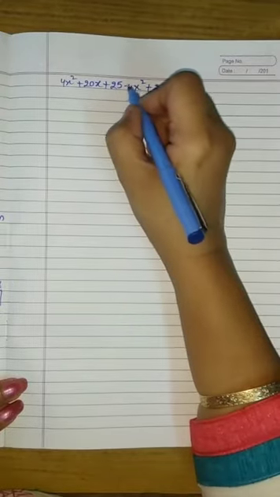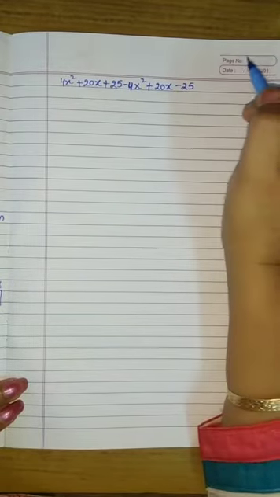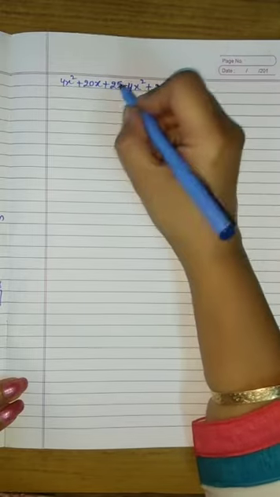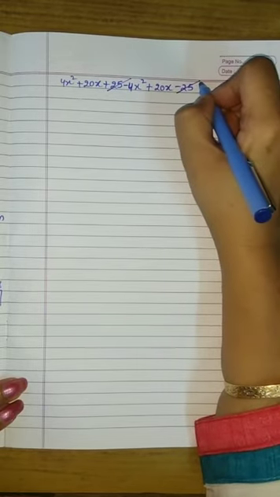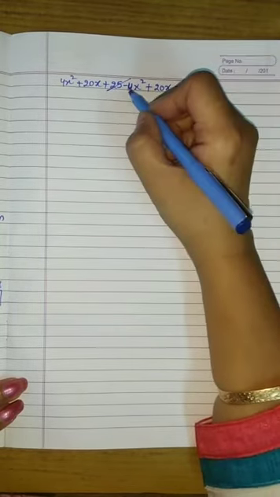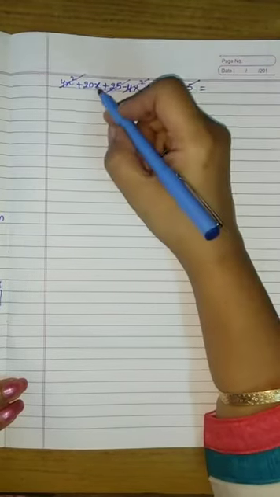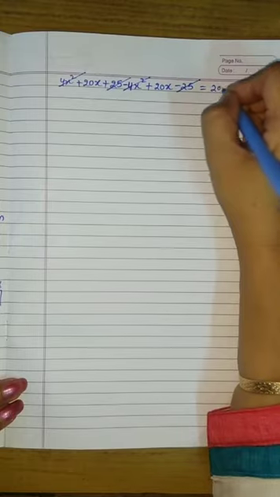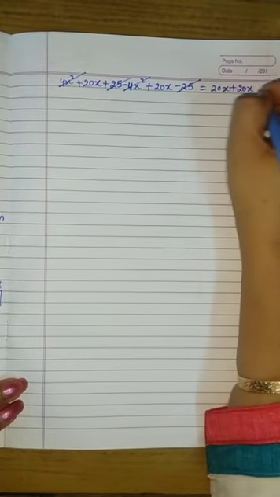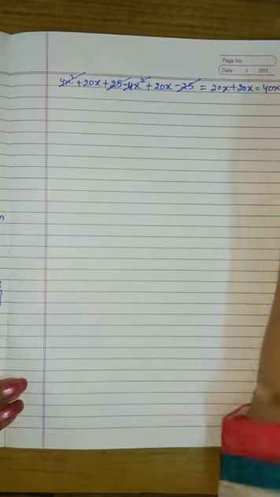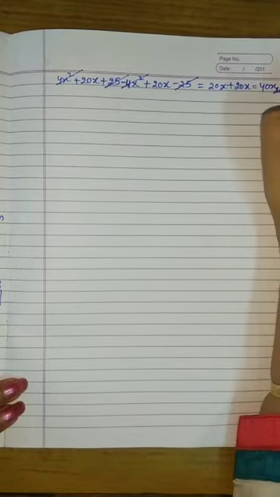The like terms with opposite signs get cancelled. So 25 and minus 25 get cancelled. Then minus 4x² and 4x² get cancelled. We are left with 20x plus 20x, that is 40x. So this is our answer, 40x.